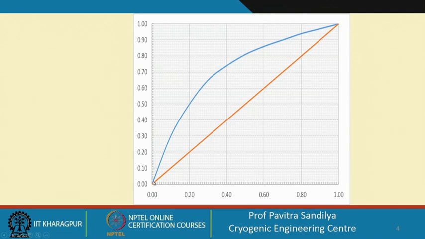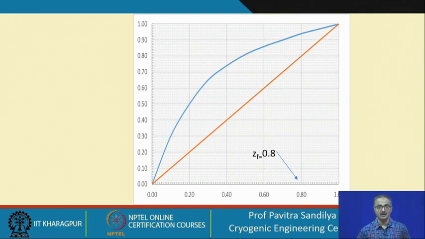After this we locate the feed point, and it is given as 0.8. Please note that we are drawing all the mole fractions with respect to the higher volatile component. So, here we locate the feed point and then we go to this 45-degree line, where we know that the feed line will pass through ZF. So, that is how this particular point has been located on the 45-degree line.